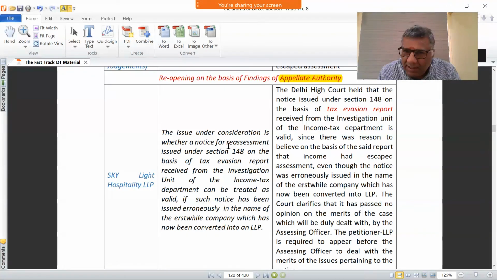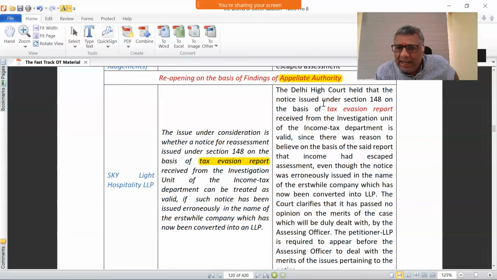The issue under consideration is whether a notice for assessment issued under 148 on the basis of a tax evasion report received from the investigation unit of the department can be treated as valid if such notice has been issued erroneously in the name of an erstwhile company.